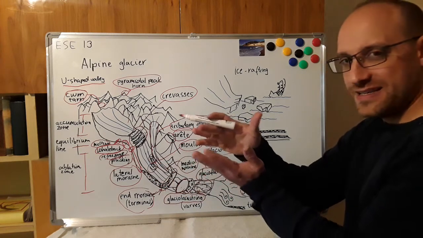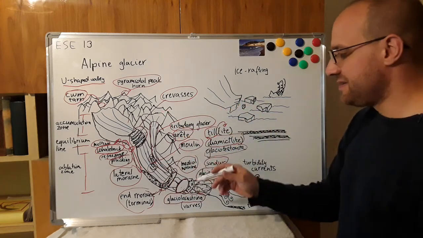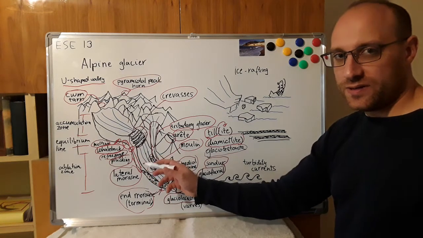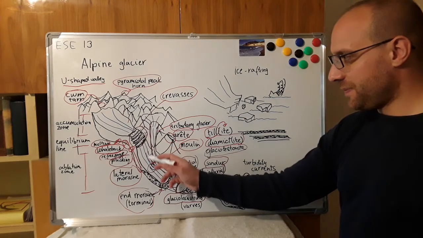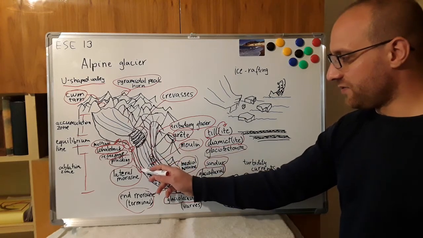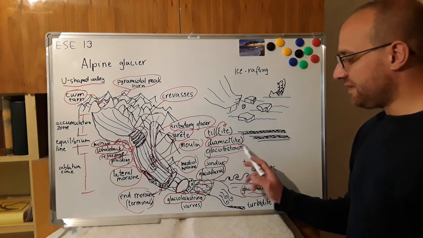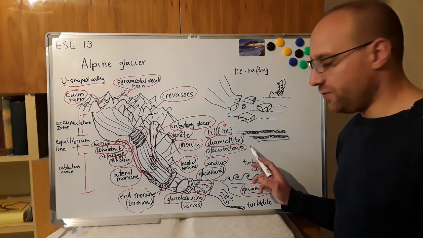So whenever the ice is squeezing this sediment, in this case we definitely say that there is a sediment material between the ice and the bedrock. So perhaps over here we would say that this kind of glacial tectonite material will develop.